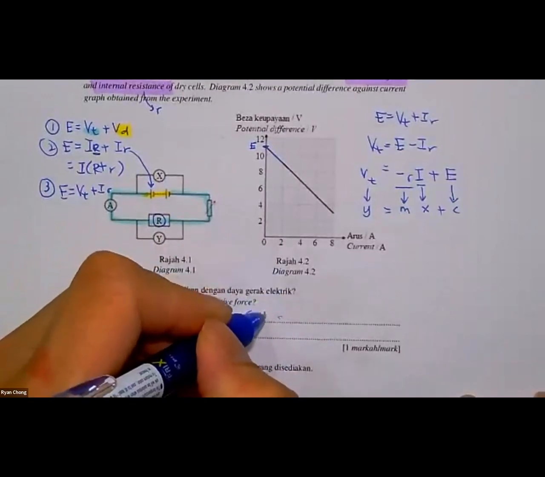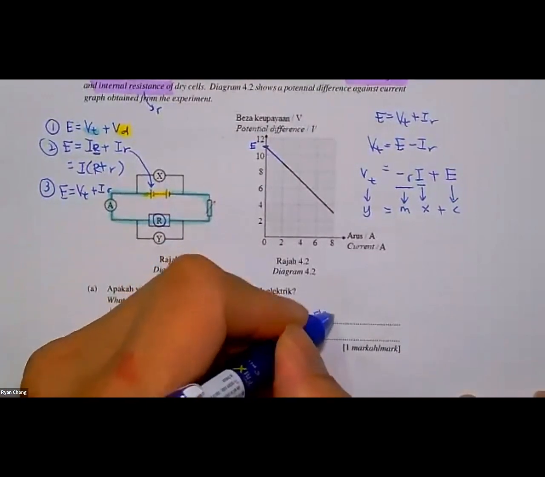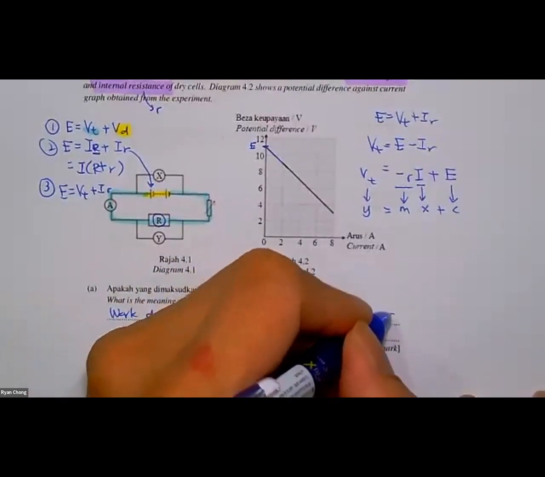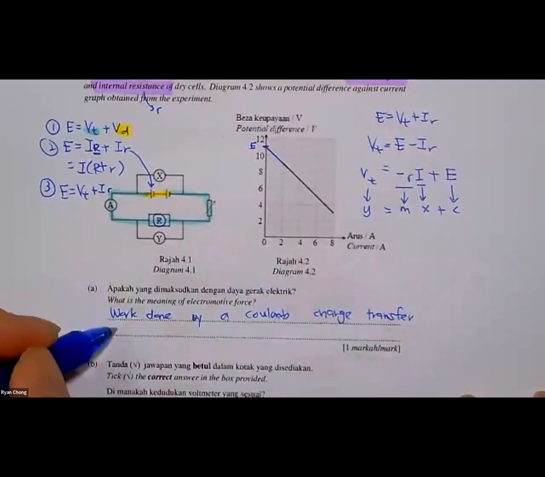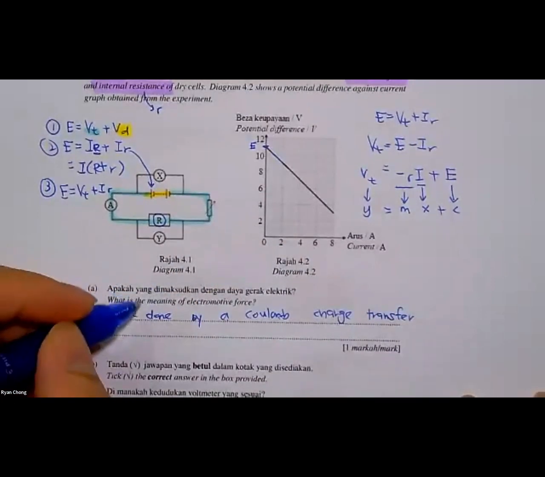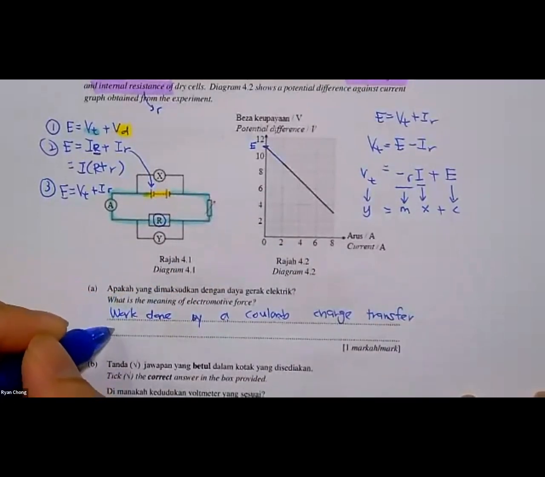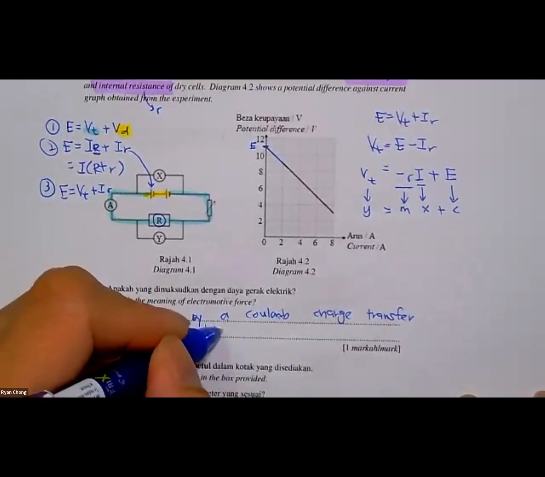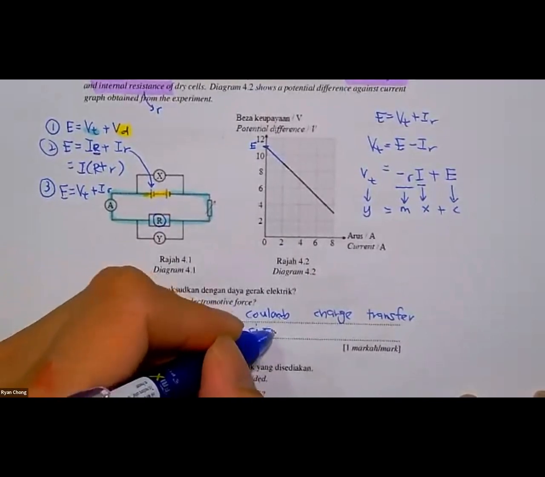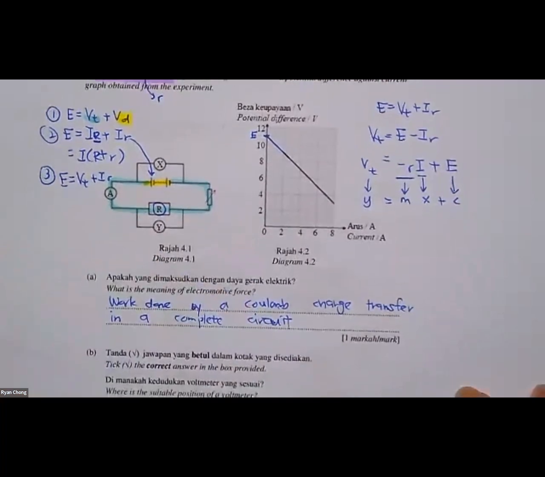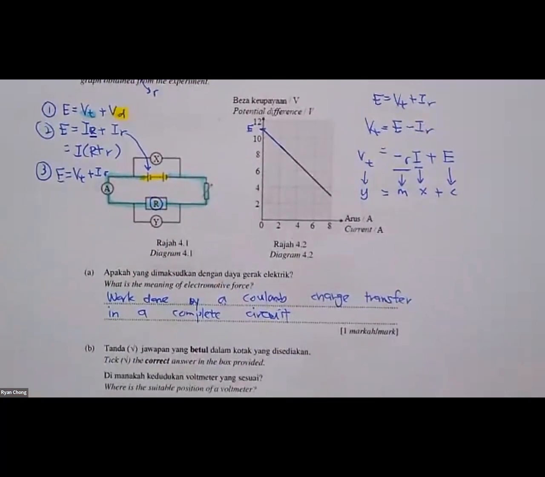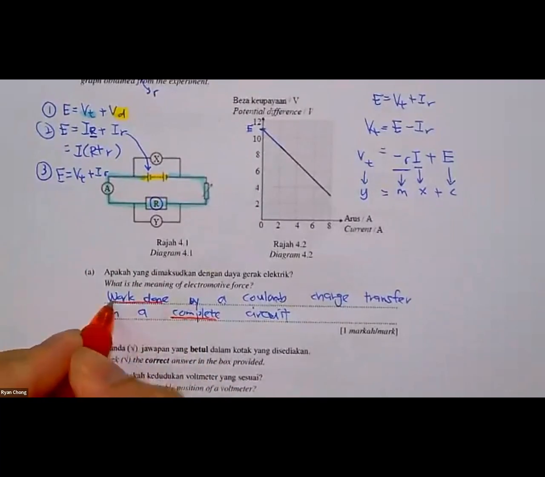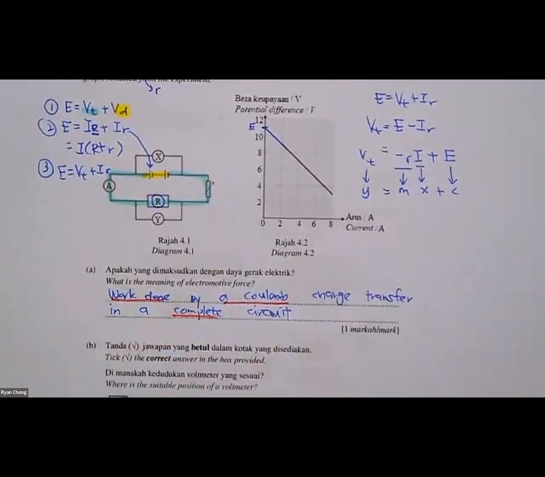You have to mention a coulomb of charge. This is how you explain EMF. So you must have the keywords complete, work done, a coulomb of charge, then only you get full marks.